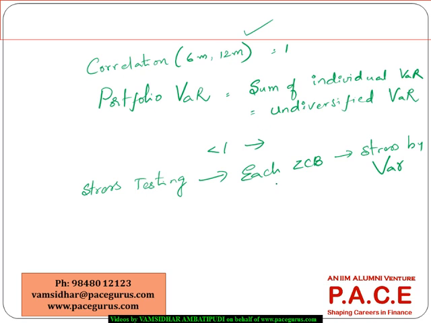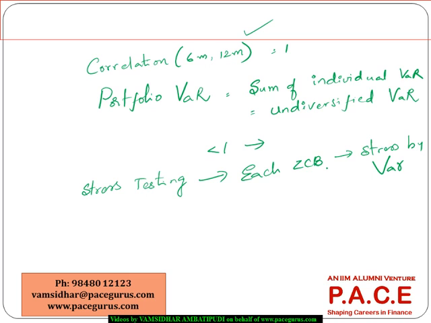But if it is much away from 1, then probably there is no other go. I have to look out for the intermaturity correlations that are existing also. But at least in cases where the correlations are much closer to 1, each zero coupon bond being stressed by its corresponding VAR can be quite easier in terms of computing the overall VAR of the portfolio.